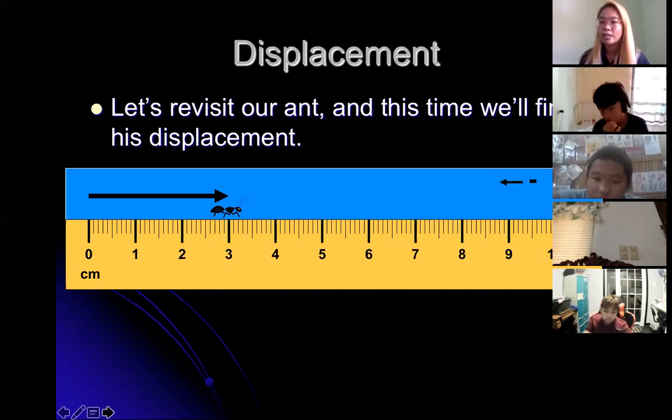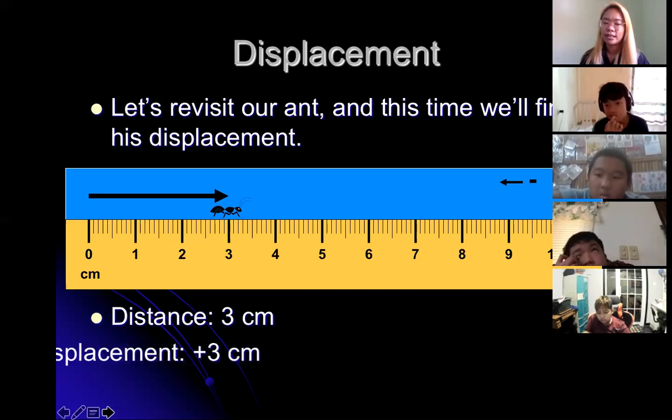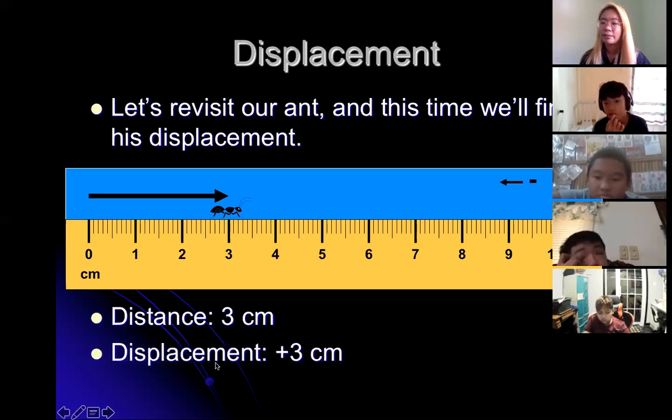But in terms of displacement, we can say that this is a positive 3 centimeter or the ant traveled 3 centimeters to the east. So in that case, pareho pa yung distance at saka yung displacement niya. Okay, so distance is 3 centimeters. Ang displacement niya ay positive 3 centimeters or 3 centimeters to the east. Malinaw pa tayo doon?